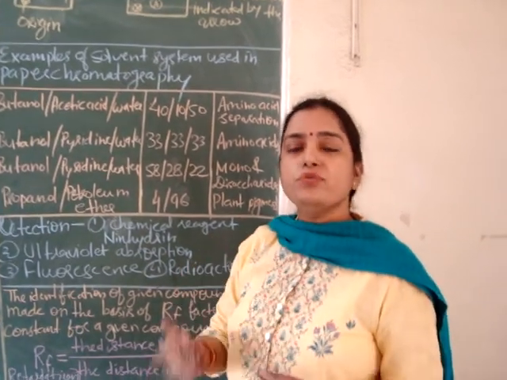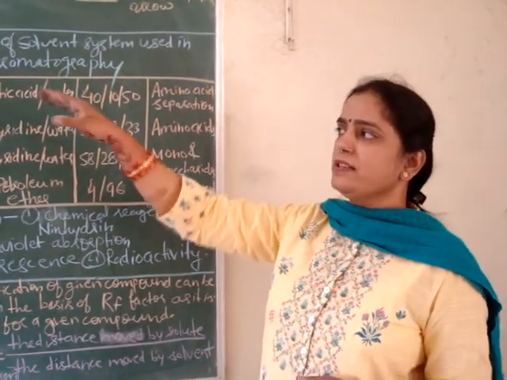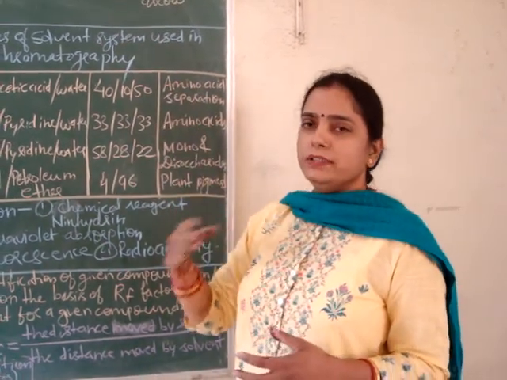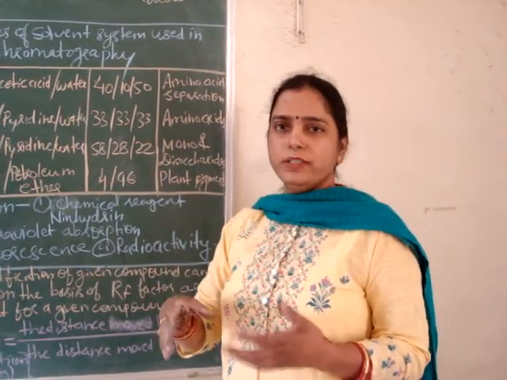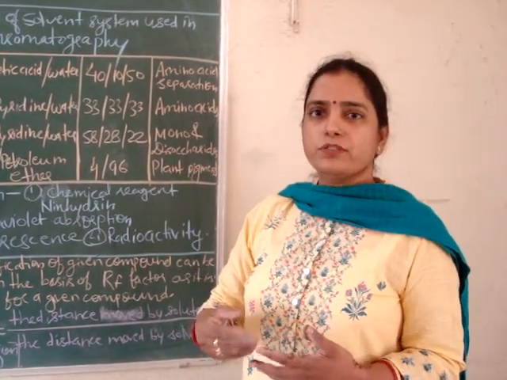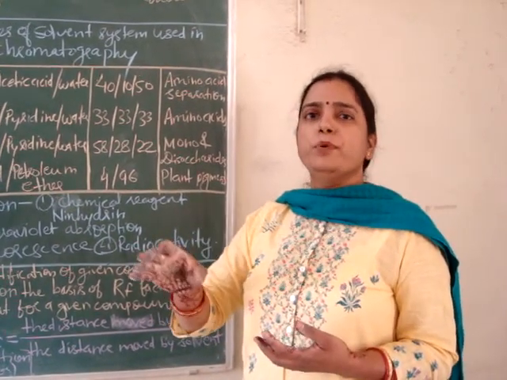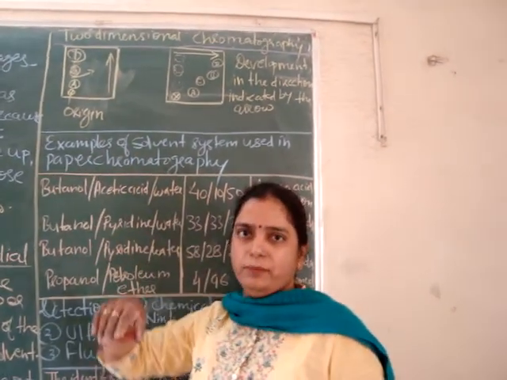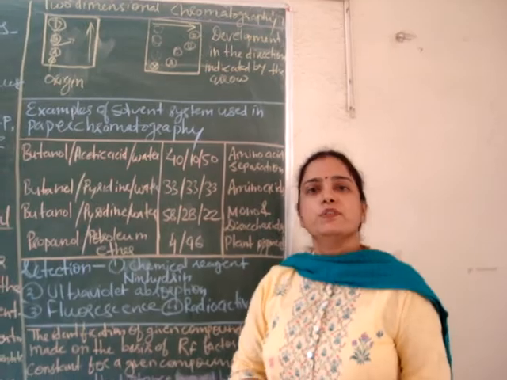So that is two dimensional chromatography, the variation of one dimensional. Here we can get better resolution of components, so that we can separate two components which are very close in the first run by using a second type of solvent.